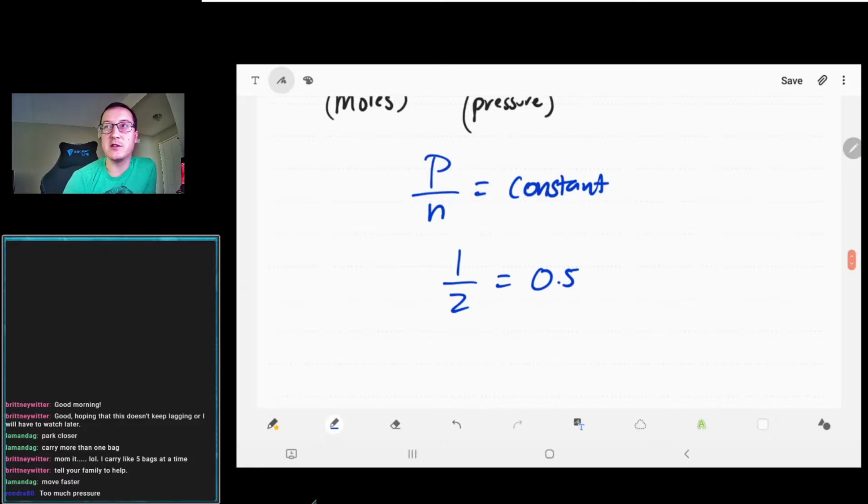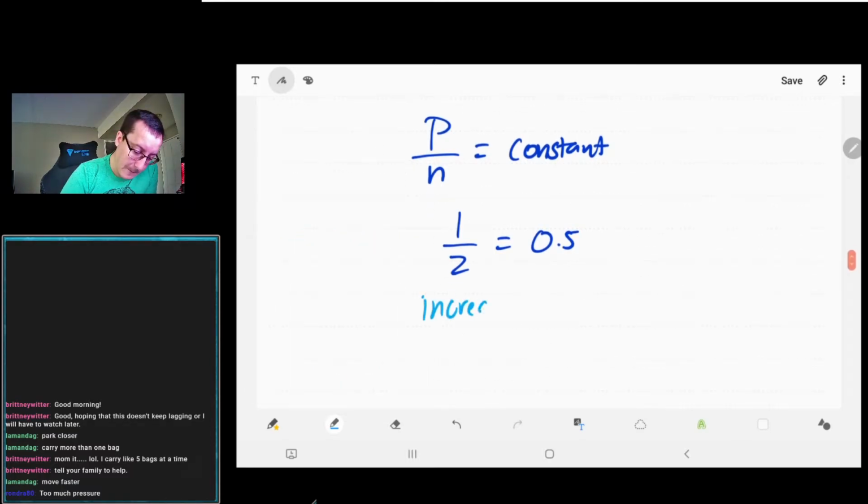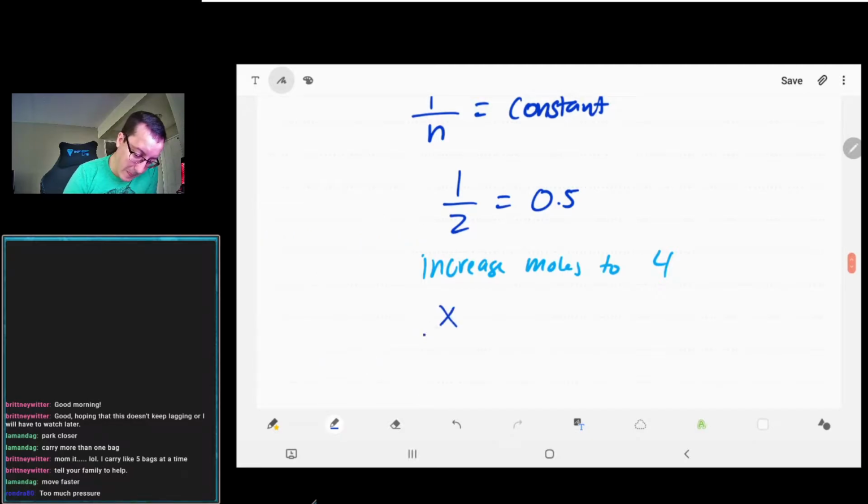And if we increase the moles, that means that we have, I'm just throwing out random numbers here, but that means our pressure would also go up, right?